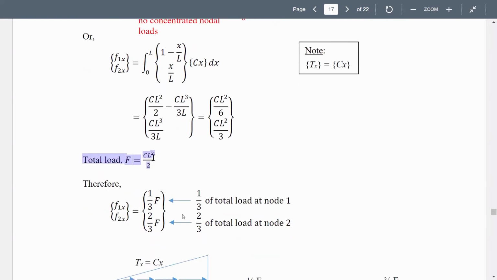The nodal forces that we found are this one, which is 1/3 of this, and this one, which is 2/3 of this. In other words, these two forces are 1/3 of the total force and 2/3 of the total force.